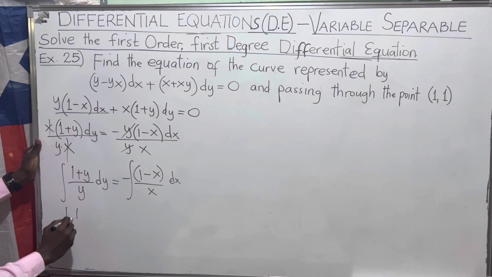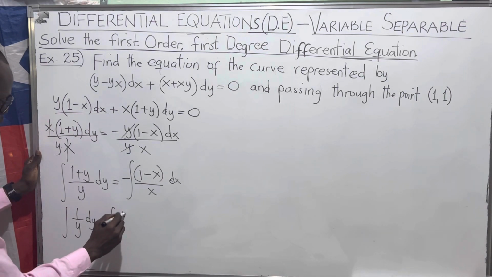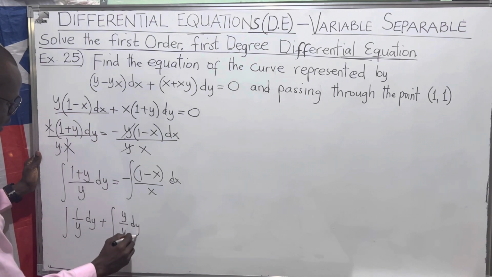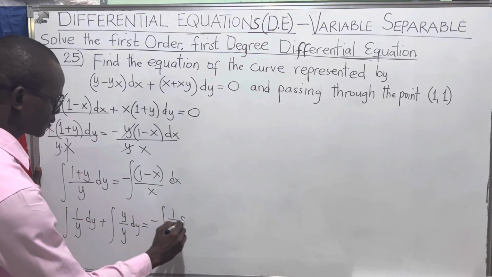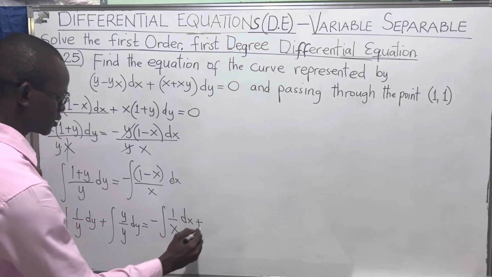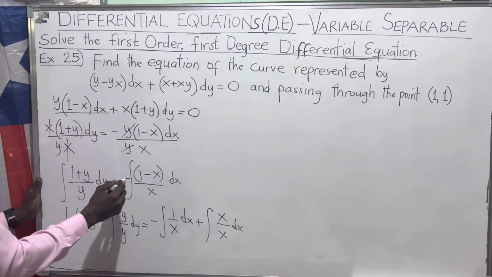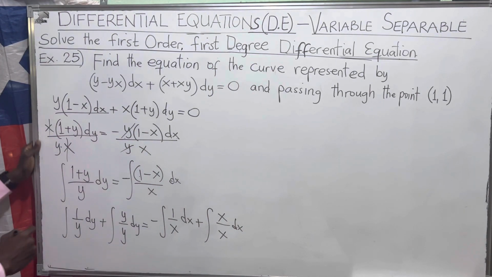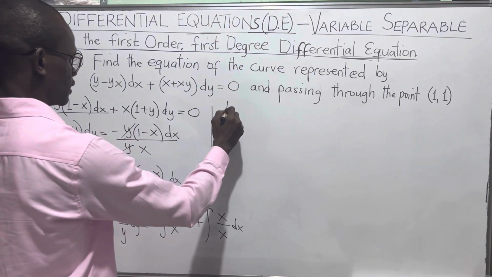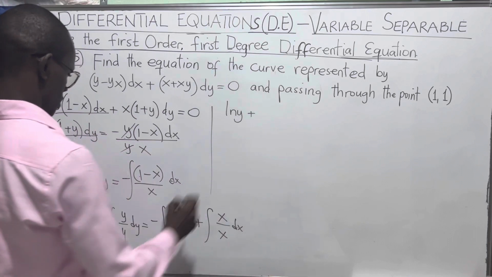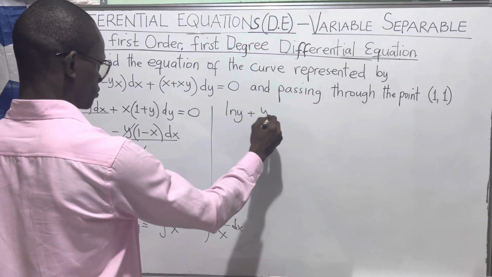So we have the integral of 1 over y dy plus the integral of y over y dy equals the integral of negative 1 over x dx plus the integral of negative x over x dx. So the first one is just the ln of y. y divided by y is just 1, and the integral of 1 is just y.